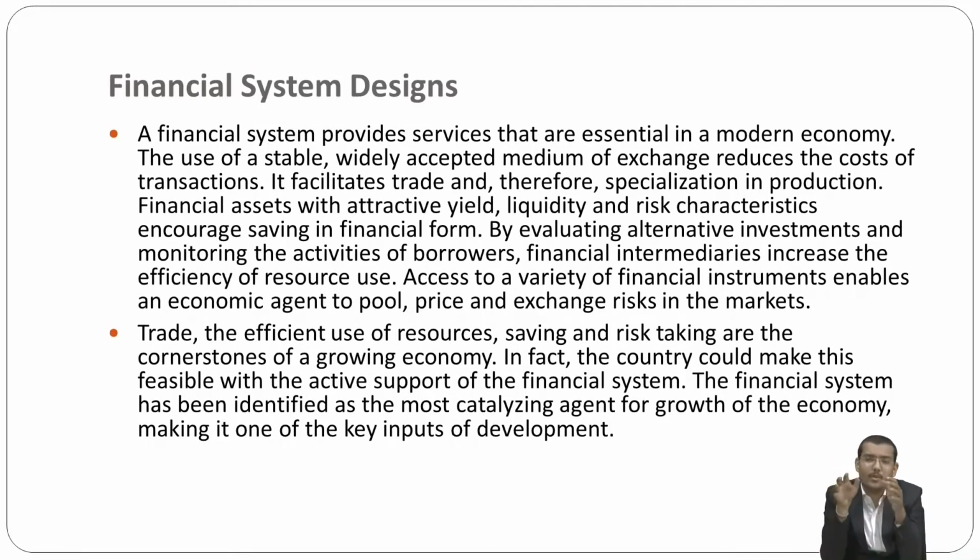So when we define it, ultimately we can say that we exchange not only profitability over there, but we exchange risk also. And we can say that access to a variety of financial instruments definitely enables the economic agent to pool, price and exchange risk also.